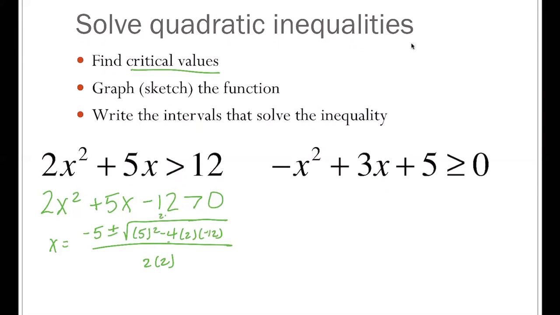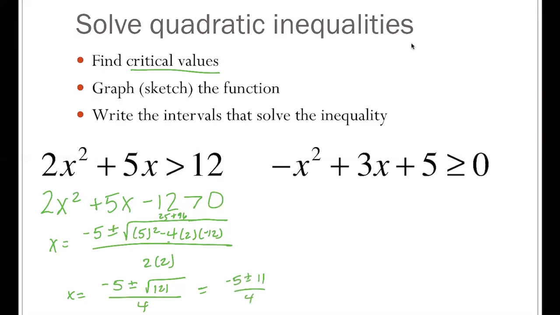So 25 plus 96, which is going to give me -5 plus or minus the square root of 121 all over 4. So square root of 121 does work out nicely. It's -5 plus or minus 11 over 4.